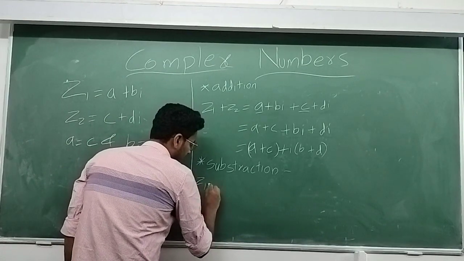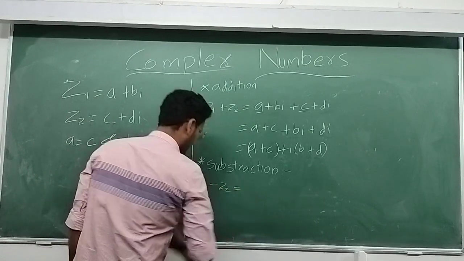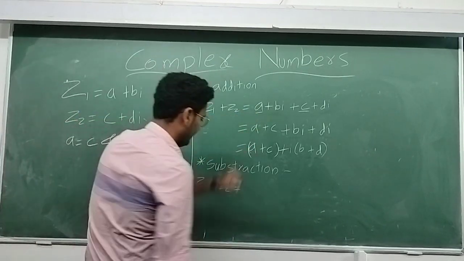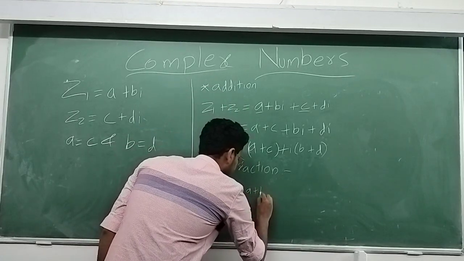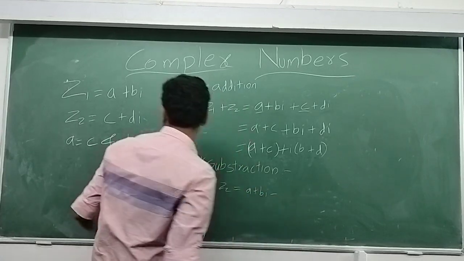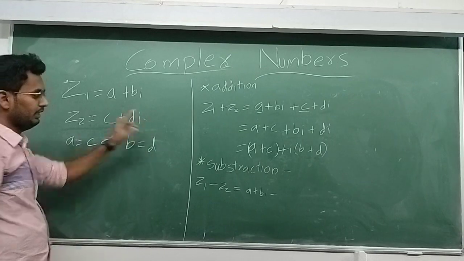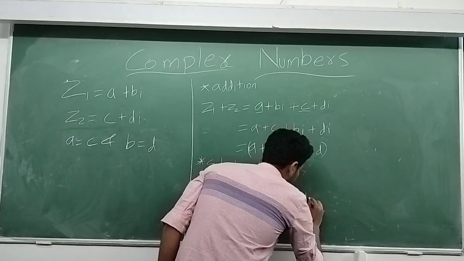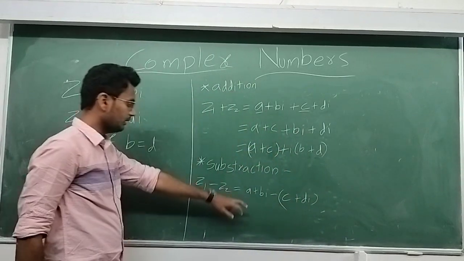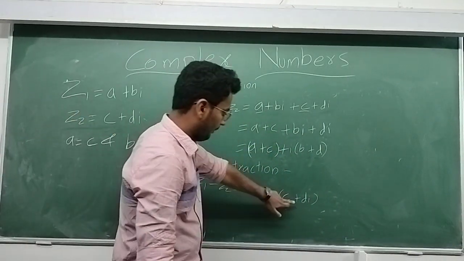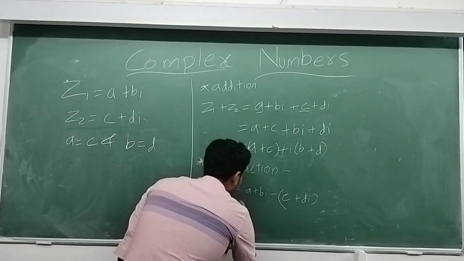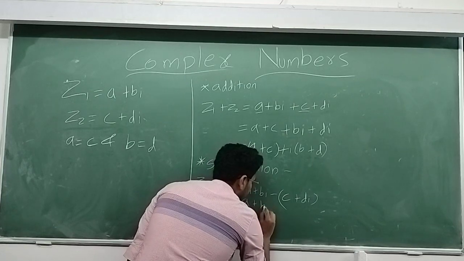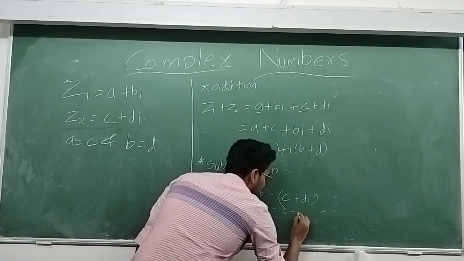We have z1 minus z2, which is equal to a plus bi, same, minus z2, which is c plus di. Multiplying the minus inside, we will get a plus bi minus c minus di.